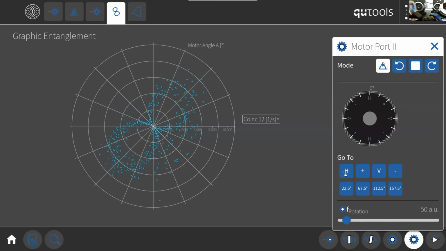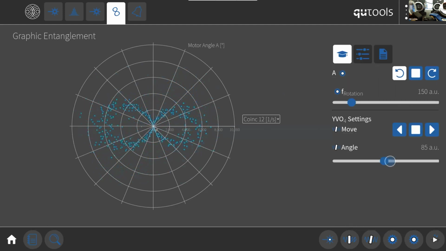You can see if I set this second polarizer to horizontal, then I have this kind of peanut structure emerging here, or this figure of 8, so to speak, in the software, that has an axis that is also horizontal. This is because, as we've seen before, we have a good correlation between the two detections when we look at the coincidences.